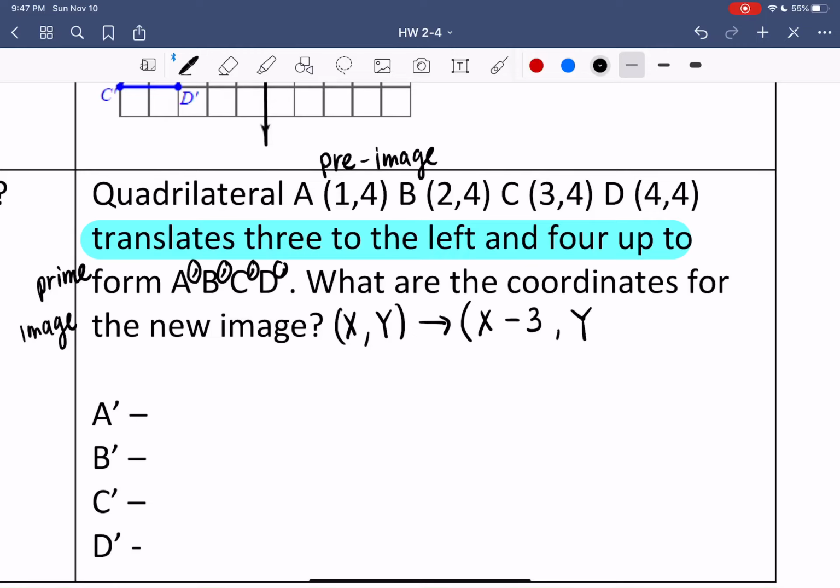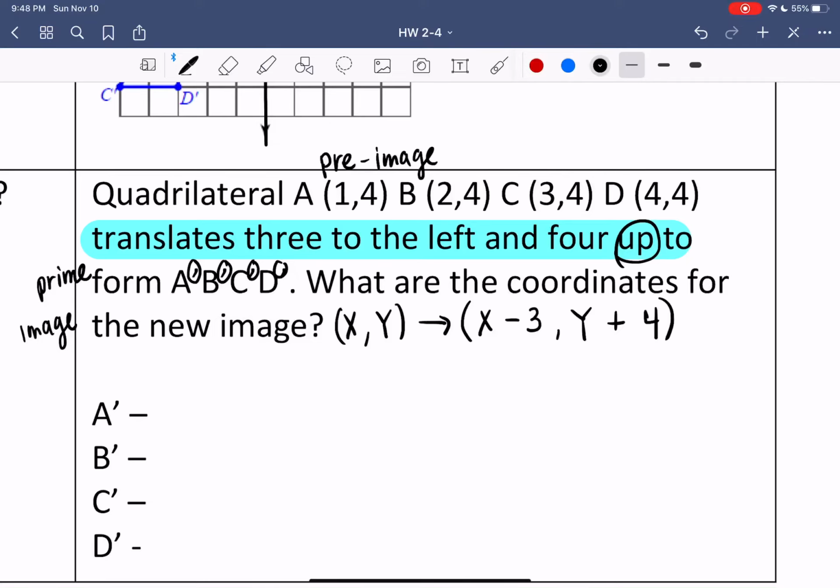So that would be taking y, and if we're moving up, it's going to be a positive. And from there, we can then take each of our coordinate pairs and translate them with the rule that I just wrote down.